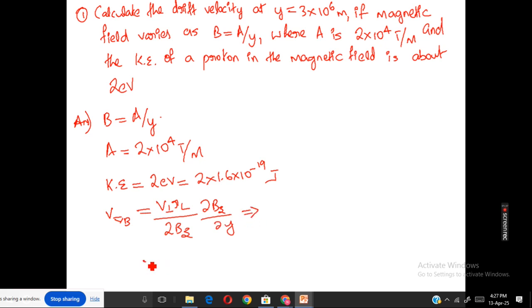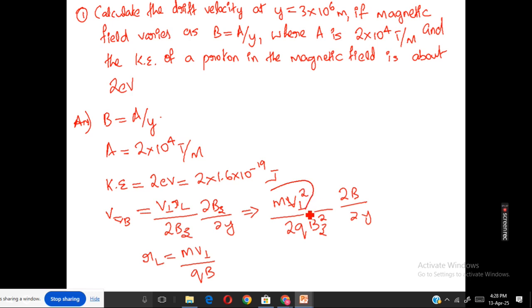We know the value of R L. R L is given by m v perpendicular by q B. If we substitute the value of R L, it will become m v perpendicular square by 2 q B z square into dou B by dou y.